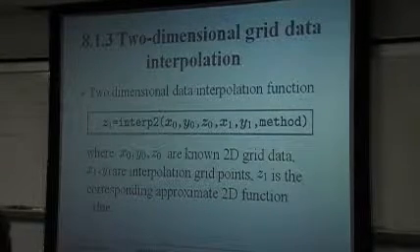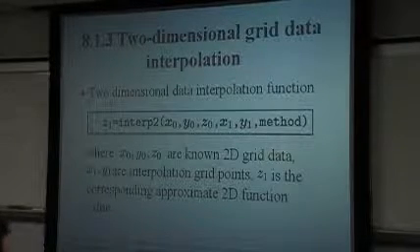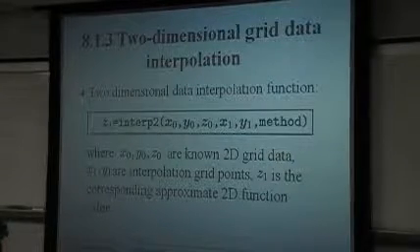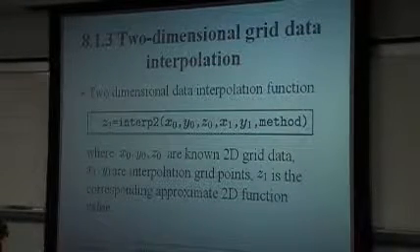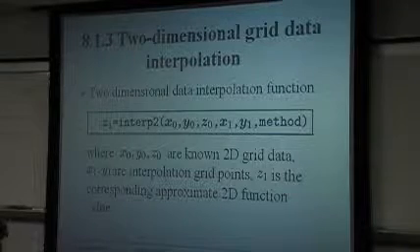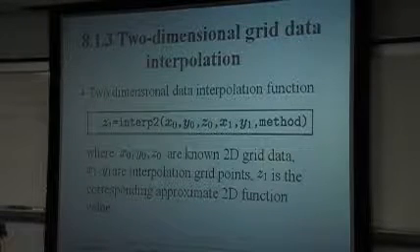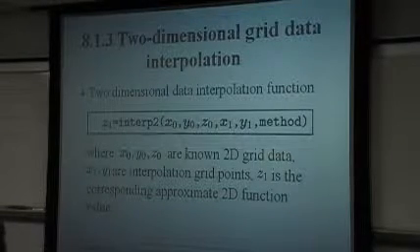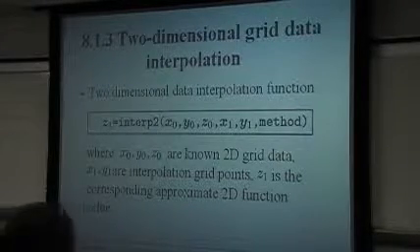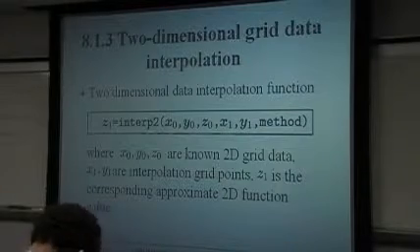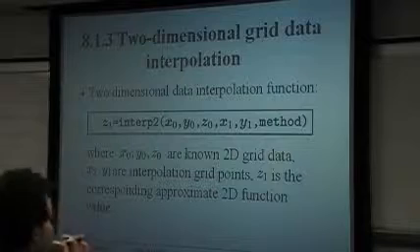Case 1 is for the problem where the original data sets are given in a grid, so for these points, the data are given. The other case is a generalized case where the data may be distributed in a random way or in other irregular ways. So there are two cases.